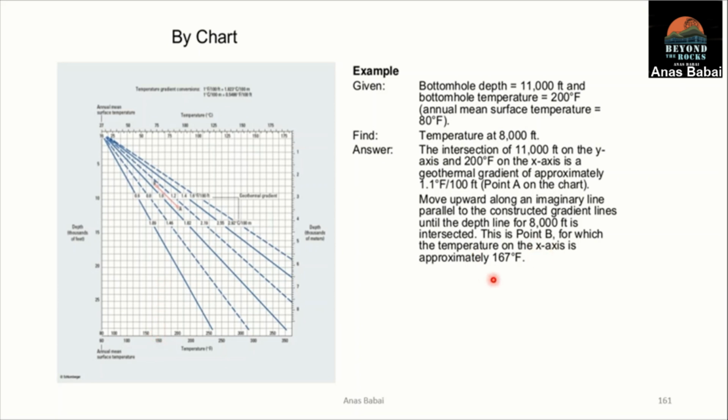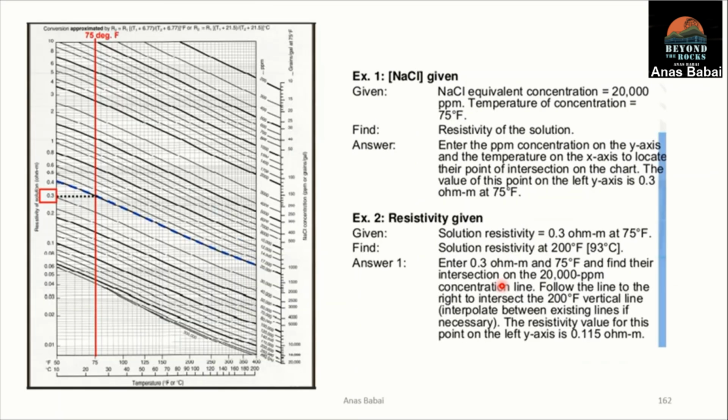As you see here, it's 167 degrees Fahrenheit. So both ways can work. If you have the chart, you can use the chart. If you don't have the chart, then you can use that simple equation. You calculate the geothermal gradient and then substitute in the equation.